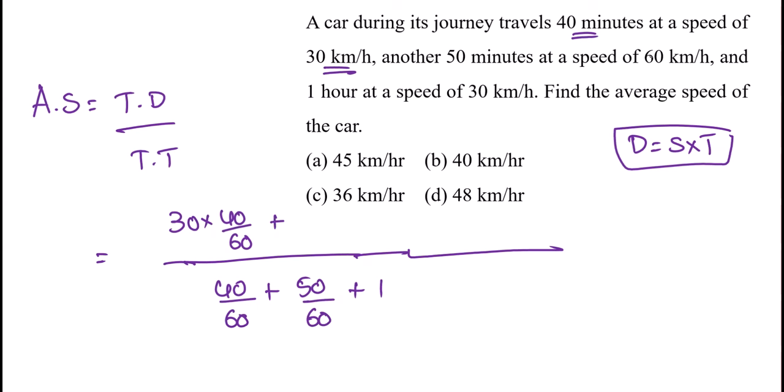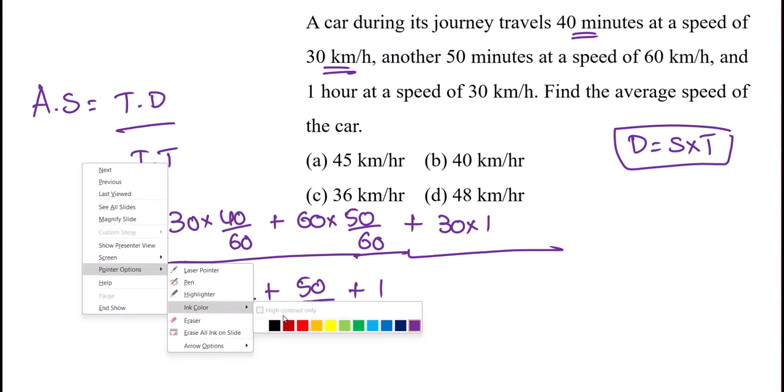Next 50 minutes at 60 kilometer per hour, speed into timing, 60 into 50 divided by 60. This is speed 30, timing 1 hour, so 30 into 1. Now cancel all this, you will get the answer.